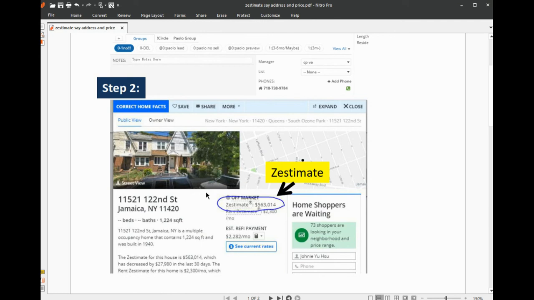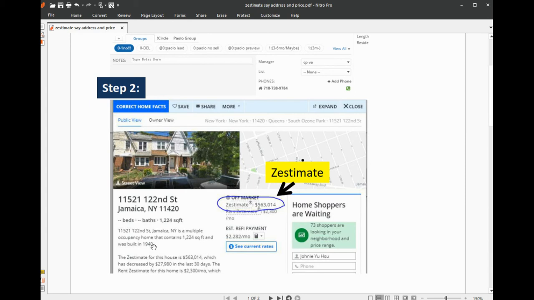Okay. So moving on, let's say when you click on the Zillow link and it doesn't show up any address. So what you do is there's a property address. Okay, this is a property address. Let me just break it down. 11521 is the street number. 122nd Street is the street name. So for all addresses across the United States, there's always a street number and a street name.